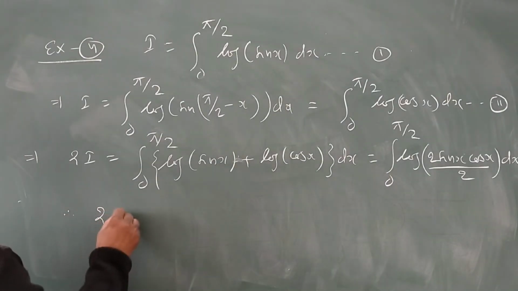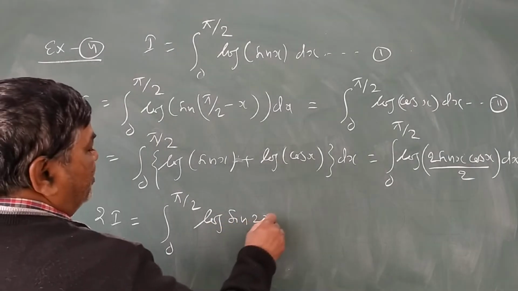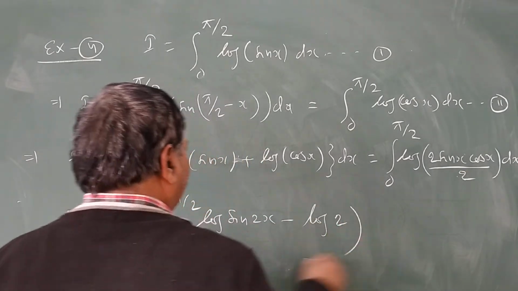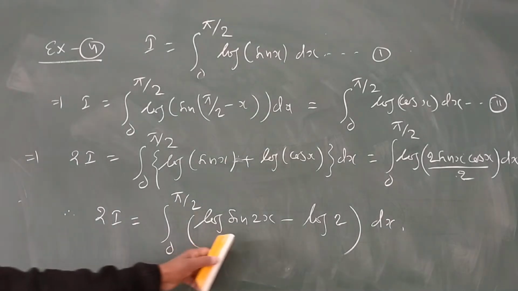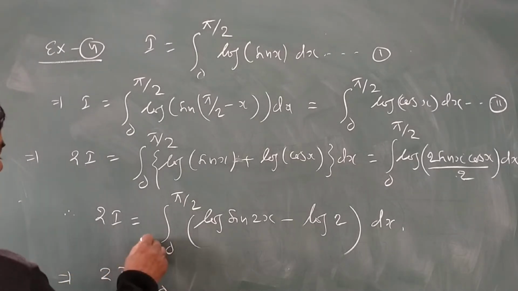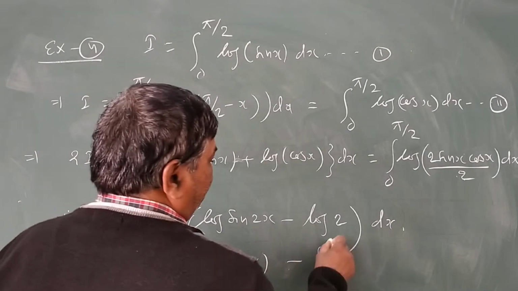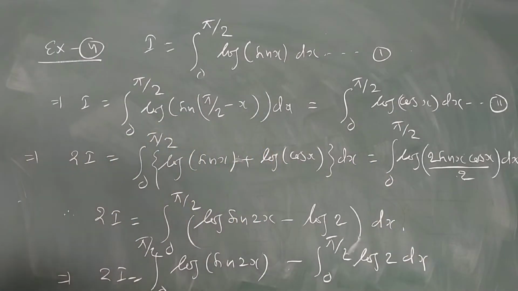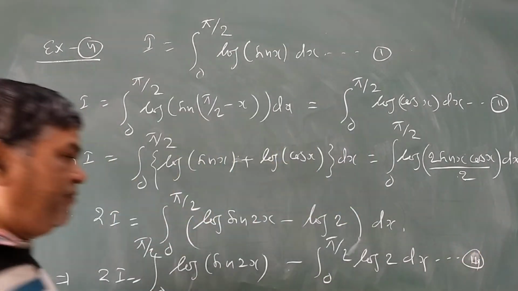So 2I is equal to 0 to pi by 2 log sin 2x, divide this result into log 2 dx. इसको फिर से अगर आप लिखना चाहेंगे, so this is 2I is equal to 0 to pi by 2 log sin 2x minus 0 to pi by 2 log 2 dx. So this is equation number 3.